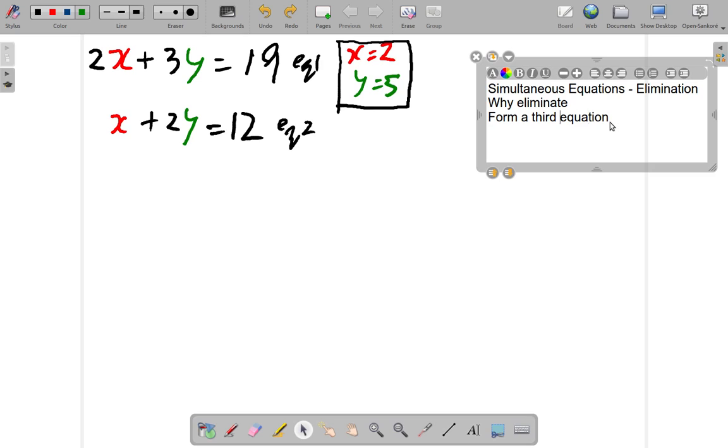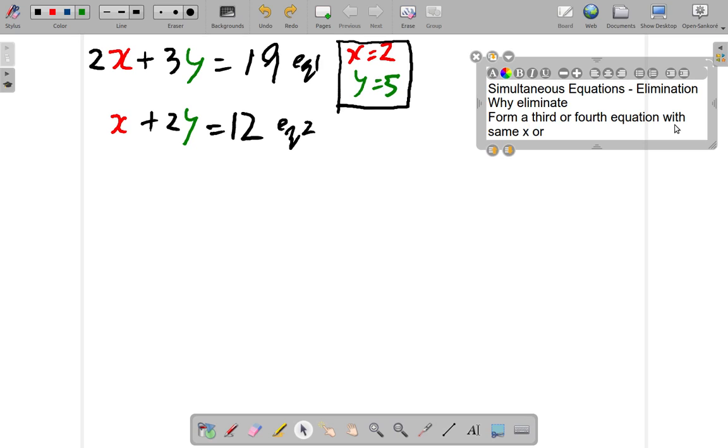So what you could say here is that you can form a third equation, or we could say a fourth equation with the same x or y. Alright? With the same x or y. We take one x and subtract from the other x, and we get 0x.